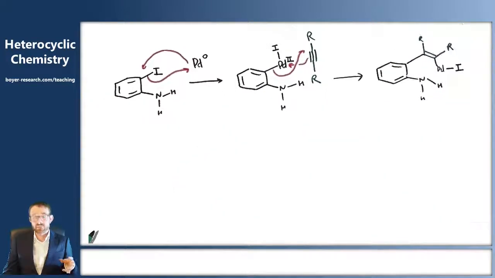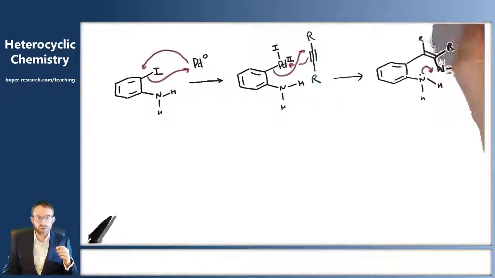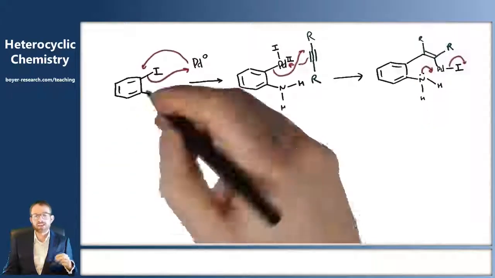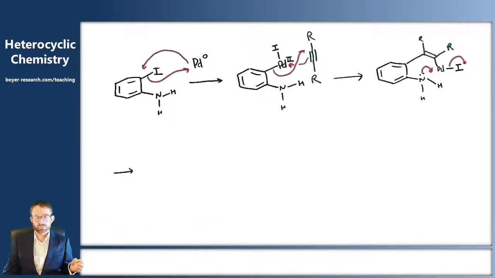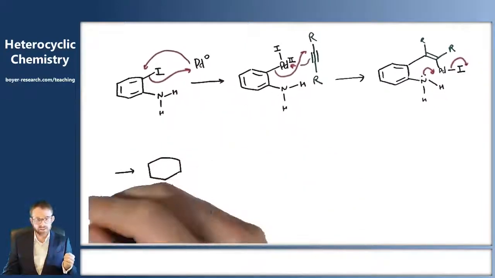We built a system in which there is a palladium with a good leaving group in terms of an iodine, near a nitrogen with a good lone pair, so that lone pair will come in and displace that iodine. This makes a 6-membered ring, which we have seen is a very good size ring to make.